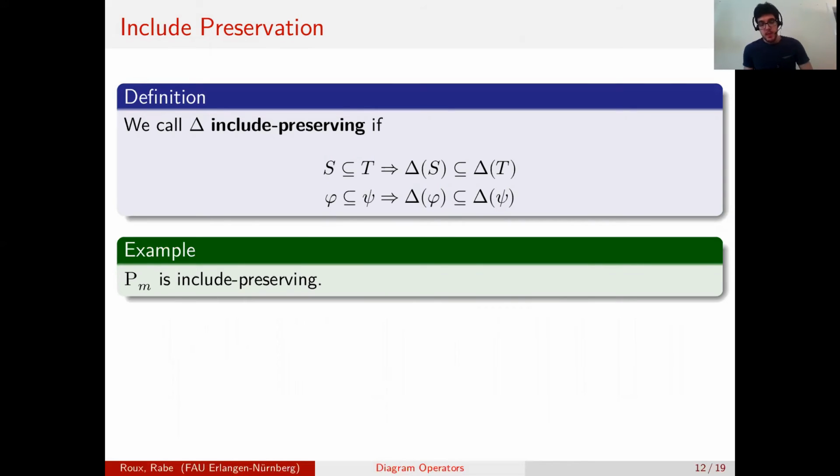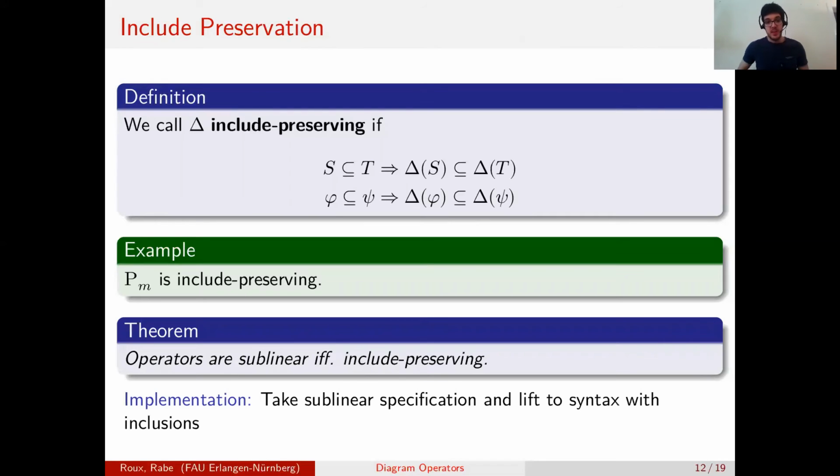We call an operator include preserving if it's monotone on the subset relation on flat theories. This makes sense because the subset relation of flat theories is morally the include relation. Right, PM is include preserving. And this is no surprise because sublinearity and include preservation are equivalent.